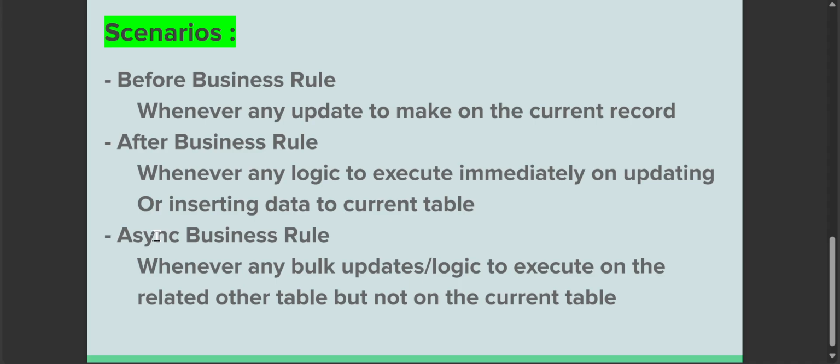If you want to update all the child tables as well, so whenever your logic is very big or you have a lot of bulk updates, in that scenario you should go with the async business rule, because it will not hamper the reloading of the screen. It will not hamper the performance of the instance or the screen.